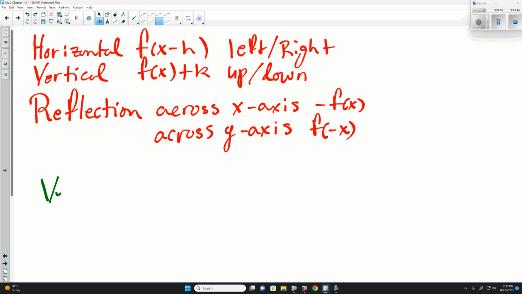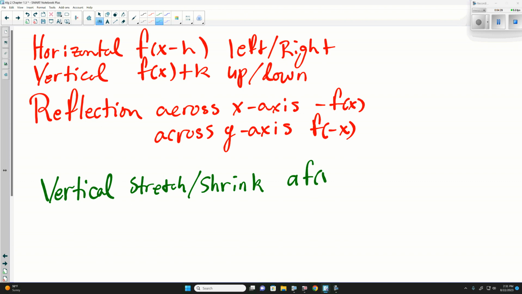Now the two new ones that we have today are, the first one, our vertical stretch or shrink. The way that we denote this is a times f of x, where a is the amount that we're stretching or shrinking. Kind of like with horizontal, where we're going left or right, we still use f of x minus h whether it went left or right.